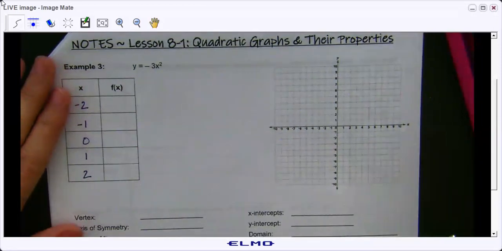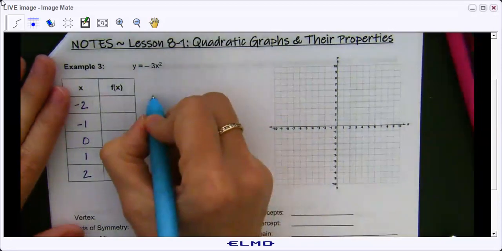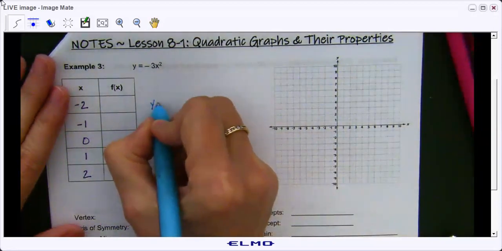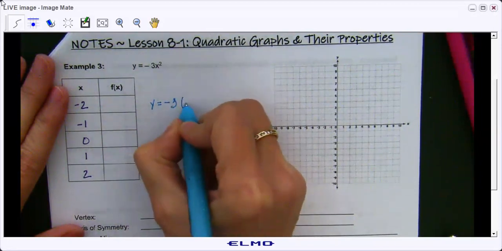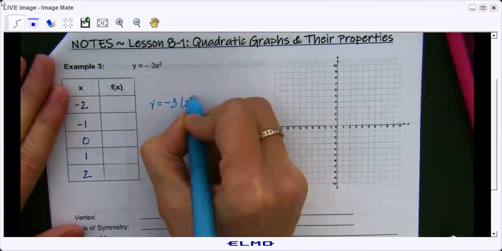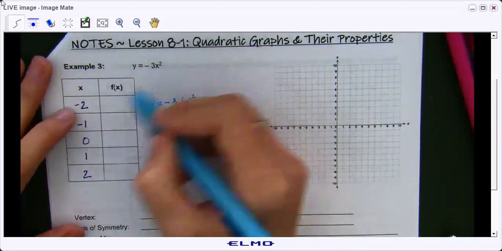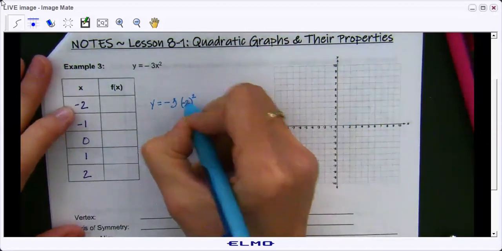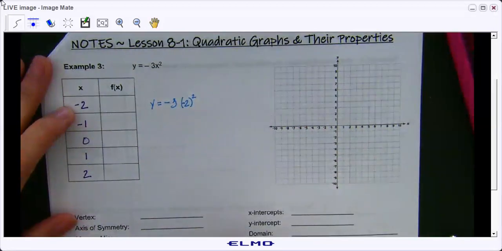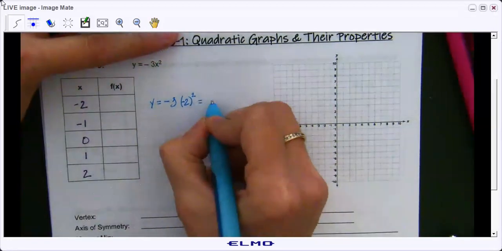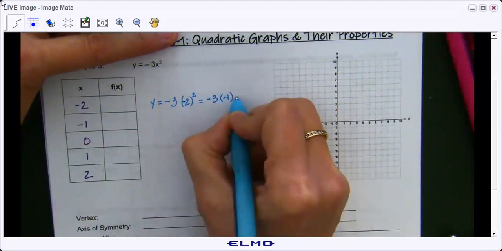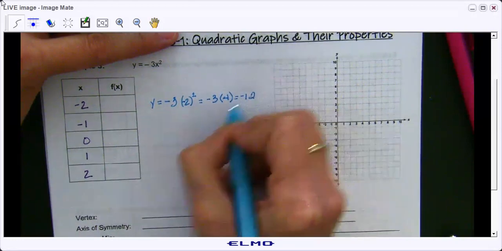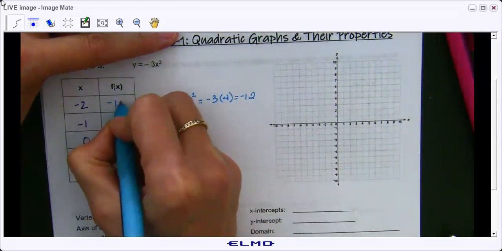If I take y equals -3 times -2 squared, because I'm replacing my x with the -2, I get -3 times 4, which equals -12. So my f of x is -12.